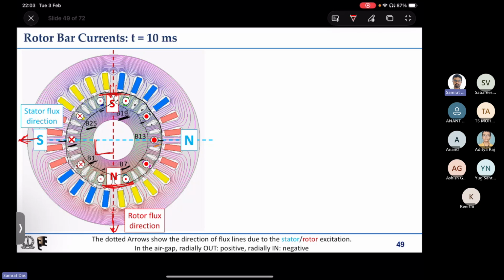We know that 90 degrees is a good case, because if the two fields are in quadrature, then sine delta is sine 90, which is 1, that is maximum. So if two fields are 90 degrees with respect to each other, then we will have maximum torque production.